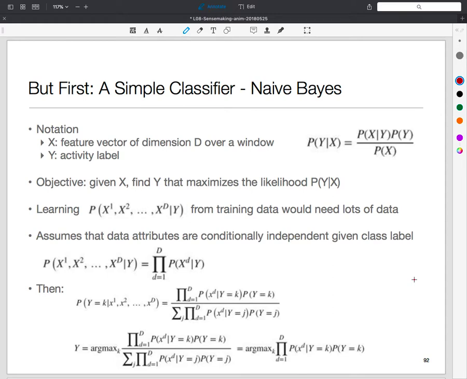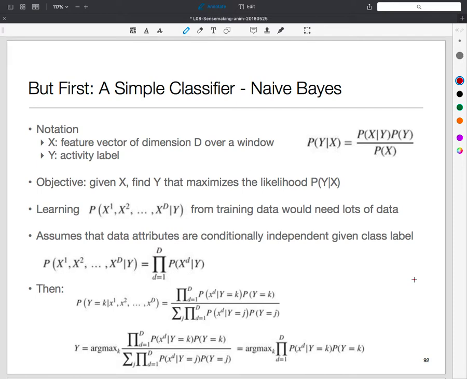So what do we do? Naive Bayes, the reason it's called naive is it makes the following assumption. It basically says that the data attributes are conditionally independent given the class labels. So what I'm saying is that if I tell you what the label is, then the attributes are independent of each other. Intuitively, let's say height and time of day are used to predict how much the person sleeps.